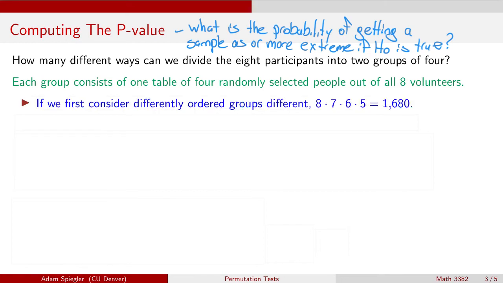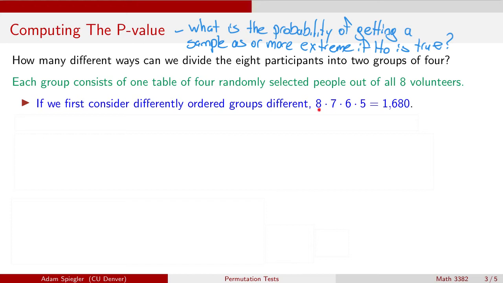Let's first ignore the fact that we don't care about the order in which they're placed at the table. So person A, B, C, and D all placed at the table. First, let's consider that as a different placement from if we first picked D, then picked C, then picked B, and then picked A. Although in the end, those are going to be treated as the same setup, let's first just ignore that and consider how could I pick a table of 4 people from 8 volunteers?